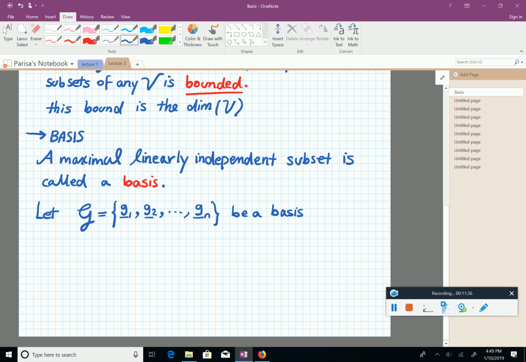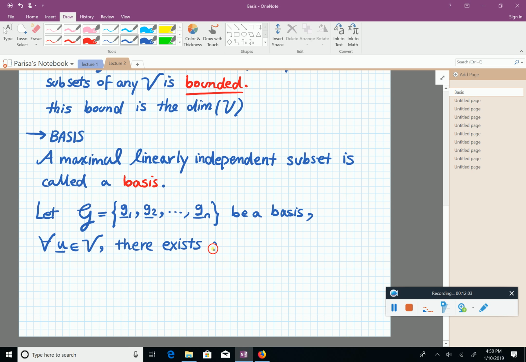N, right? Immediately you should see that. For every vector which is inside the vector space, we can basically represent it uniquely in terms of these basis vectors.